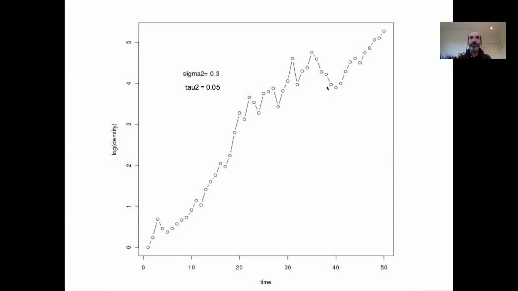If we fit this as a non-dynamic process, if we just fit this as a data set, we would do something simple like fitting a straight line through this.